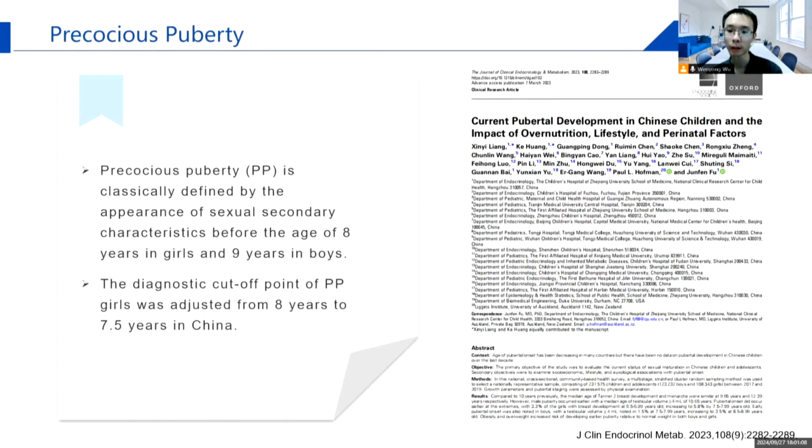However, after a national cross-sectional community-based health survey was performed, the diagnostic cut-off point of precocious puberty in girls was adjusted from 8 years to 7.5 years in China.